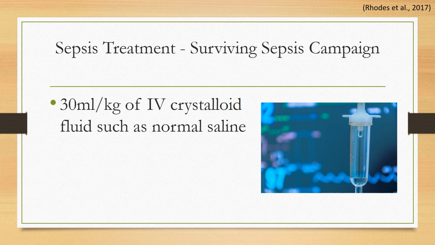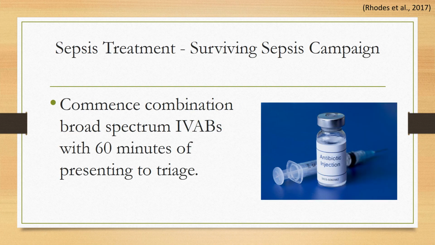The Surviving Sepsis Campaign would also recommend that Mr. Smith receive 30 mL per kilo of an IV crystalloid fluid, such as normal saline, as a resuscitation dose. They would also recommend to commence combination broad-spectrum IV antibiotics within at least 60 minutes of presenting to triage.